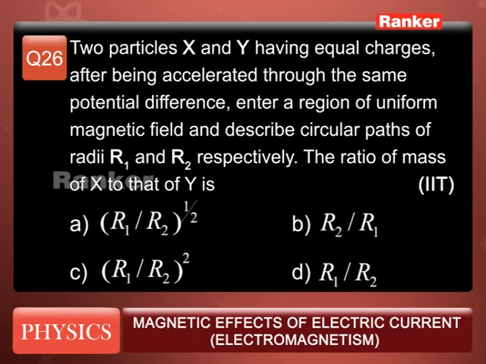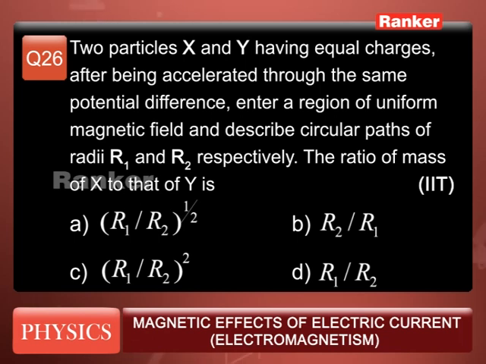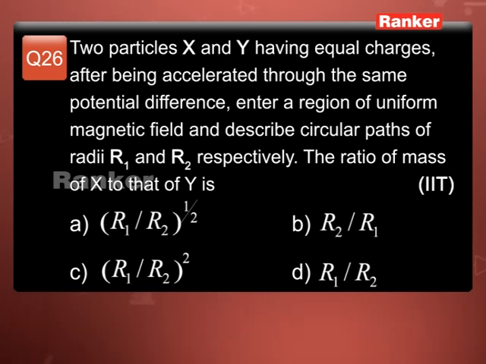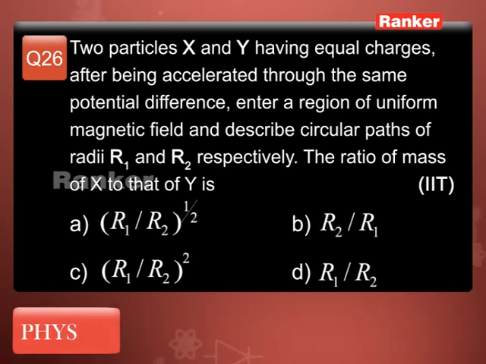The ratio of mass of X to that of Y is how much? So the first particle is given as X, its mass we are taking as mx. The second particle is taken as Y, its mass is taken as my. Then what is mx by my? That ratio he is asking.